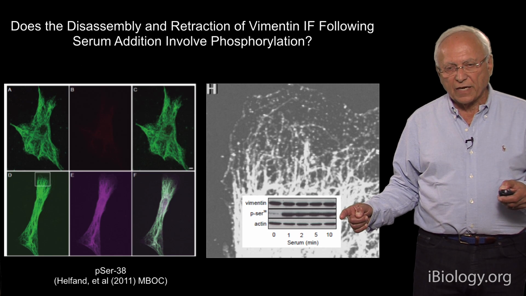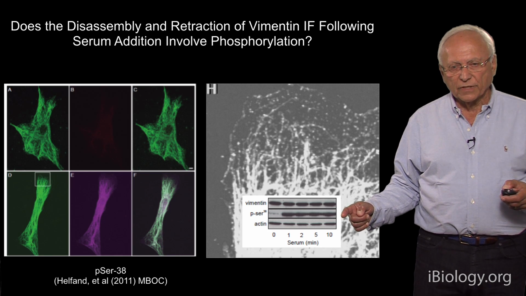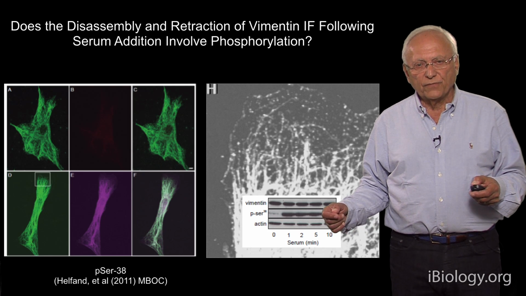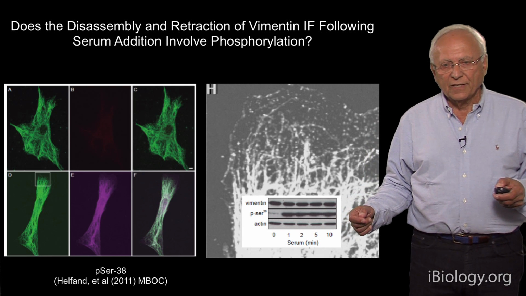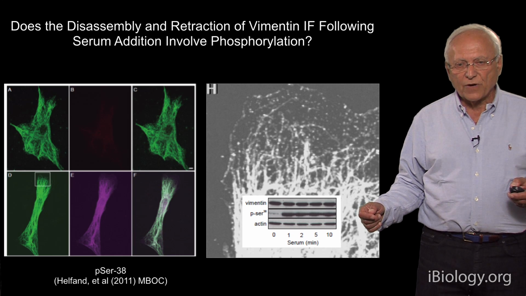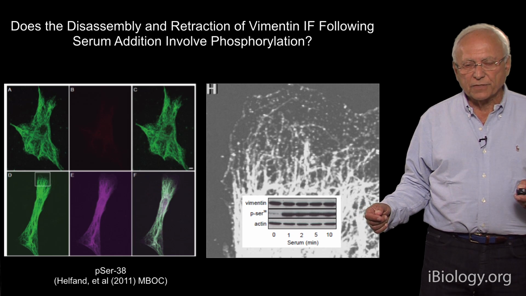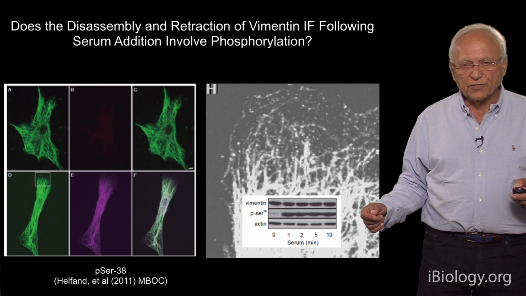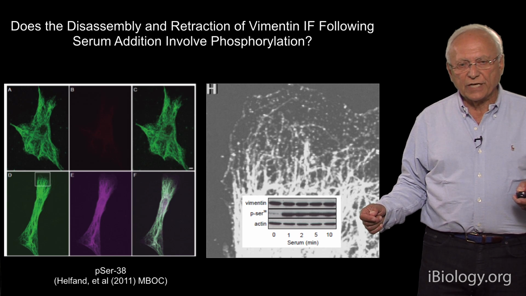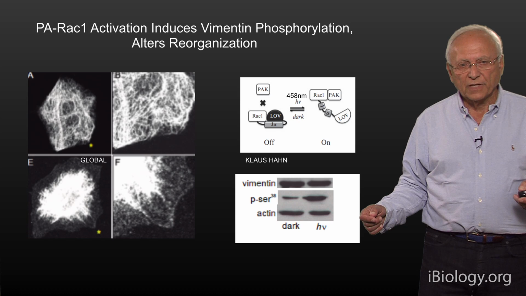In fact, it only takes seconds to become hyperphosphorylated under these conditions. So this suggests that Vimentin phosphorylation is involved in the disassembly, local disassembly and retraction of filaments away from the cell surface in these regions. And I should mention that these are the regions which seem to initiate lamellipodia formation.